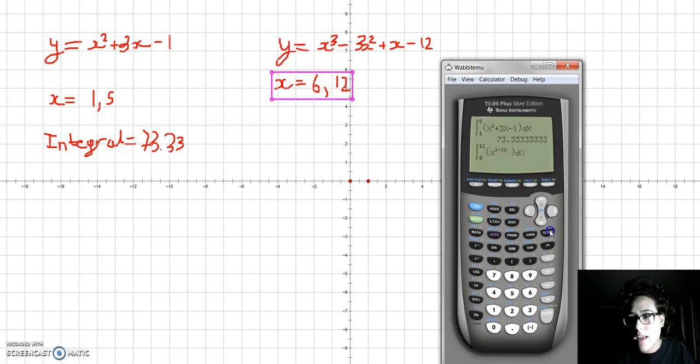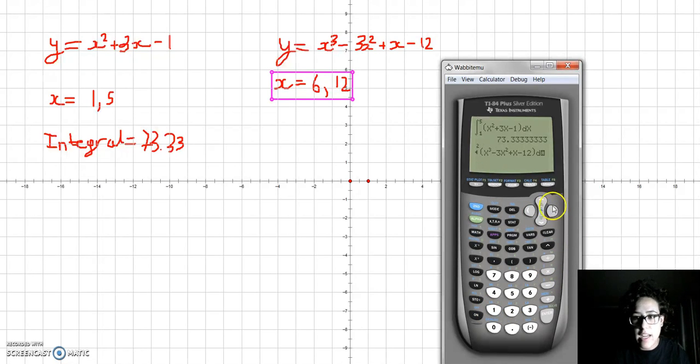Oh, I did not follow my own instructions. So we do x to the third, press the right arrow, minus 3x to the second, again right arrow, plus x minus 12.